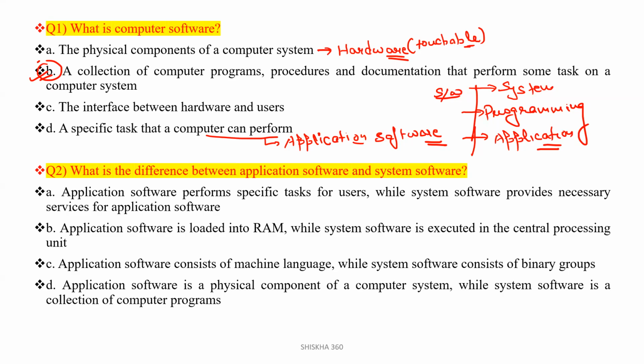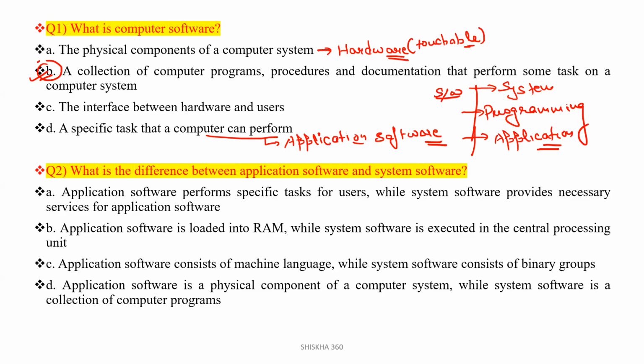Option B, application software is loaded into the RAM, while system software is executed in the central processing unit. Option C, application software consists of machine language, while system software consists of binary codes. Option D, application software is a physical component of a computer system, while system software is a collection of computer programs.